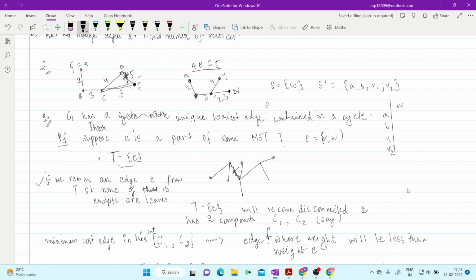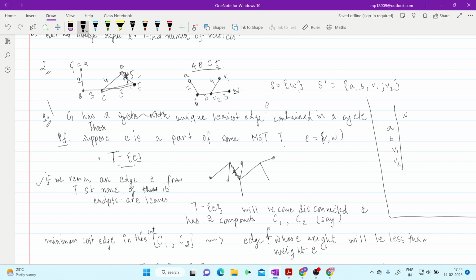Sorry, my partition is A, B, V1, V2, W, and if I want to compute my minimal cost edge, S is W and the rest is A, B, V1, V2.